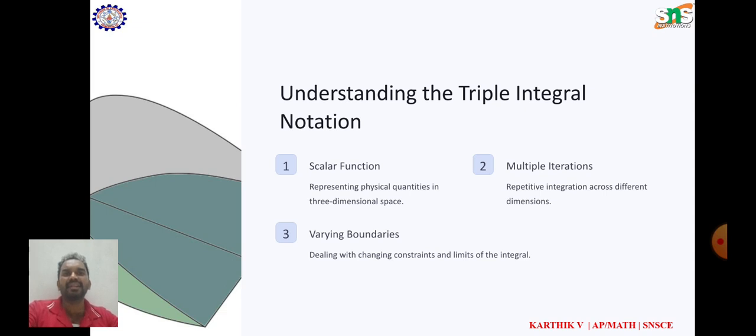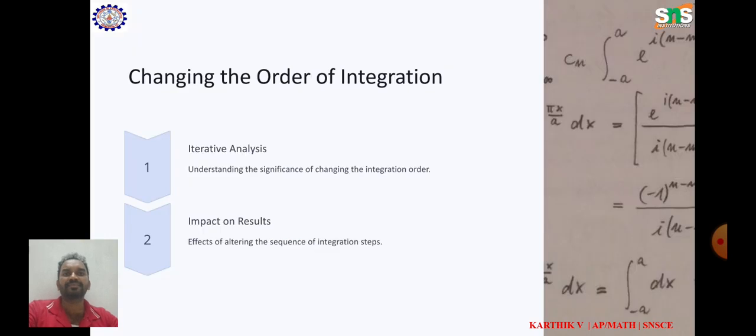The triple integral notation combines these components to express the accumulation of the function f of x, y, z over the region R. It is represented as triple integral over R of f of x, y, z dV.